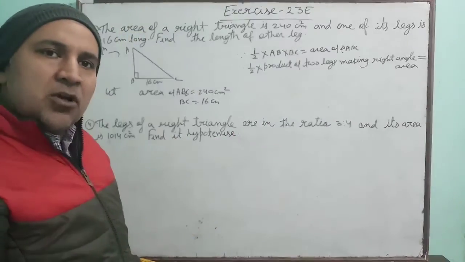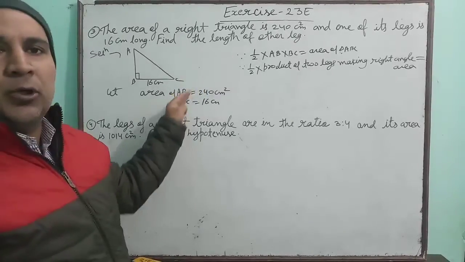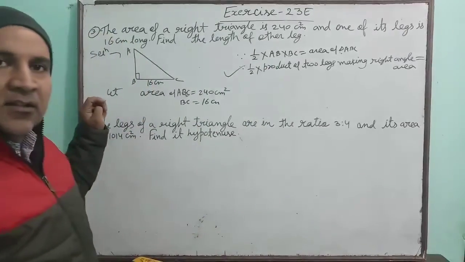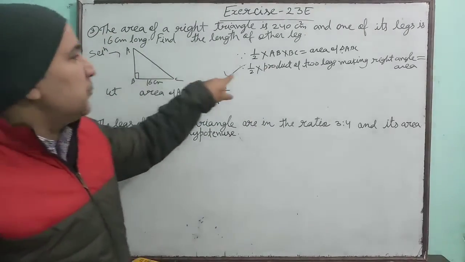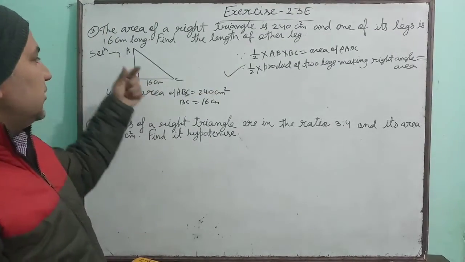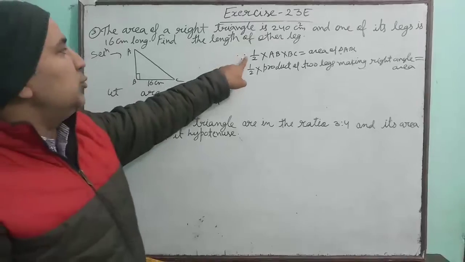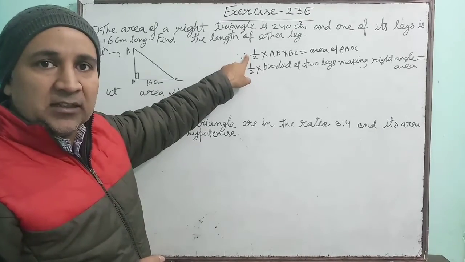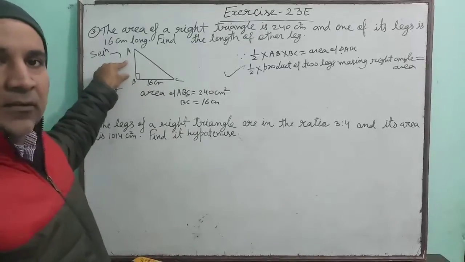So that depends on you which process you are going to follow. Either you can start directly from here, otherwise in place of writing this long statement, you can draw the triangle, you can write the given points and then you can apply the formula and by putting the value you can find the other leg. Other leg is AB here.